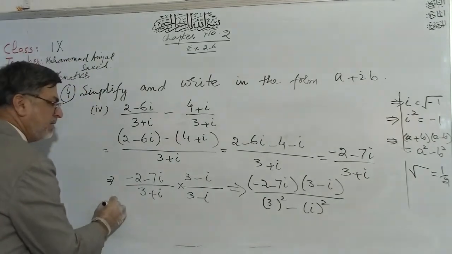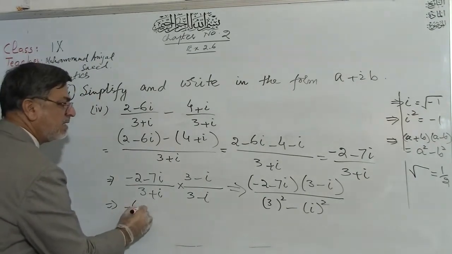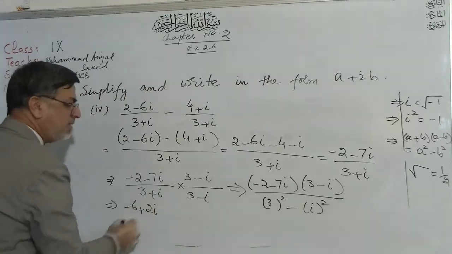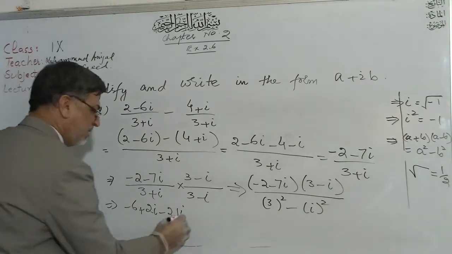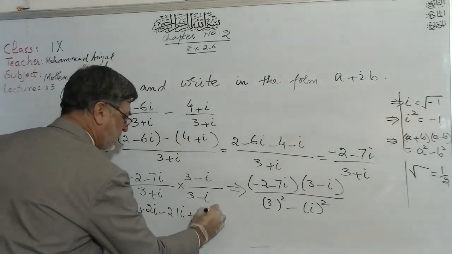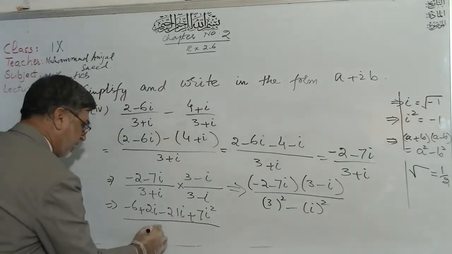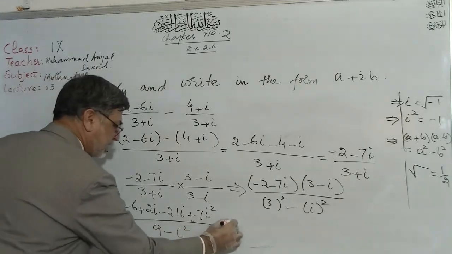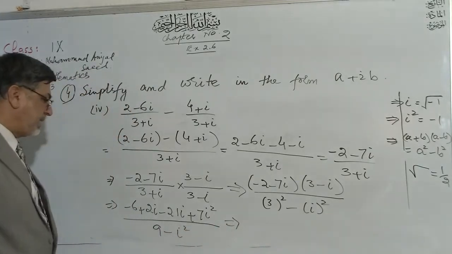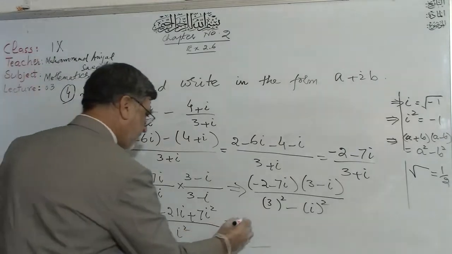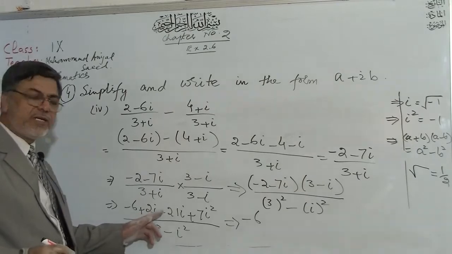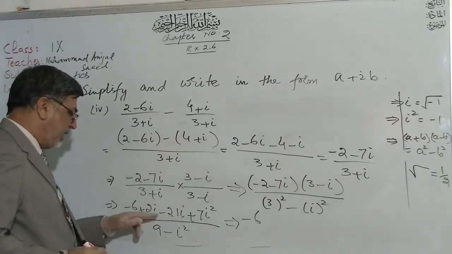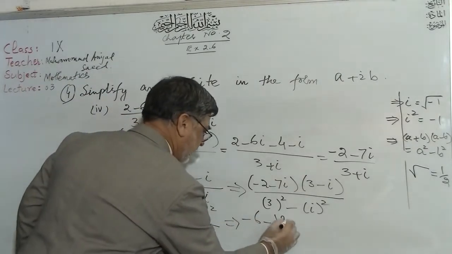Here will be minus 6 plus 2 iota minus 21 iota plus 7 iota square, divided by 9 minus iota square. This implies that minus 6 plus 2 iota minus 21 iota will be minus 19 iota.